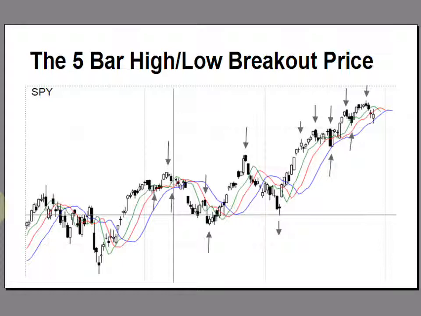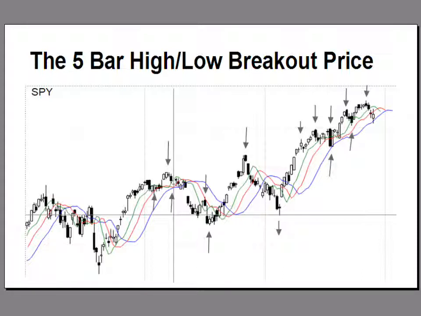And for a low breakout price bar, the low is lower than the lows of the 2 bars immediately preceding it and the 2 bars immediately following it. So that's the basic concept of a high-low breakout price bar.